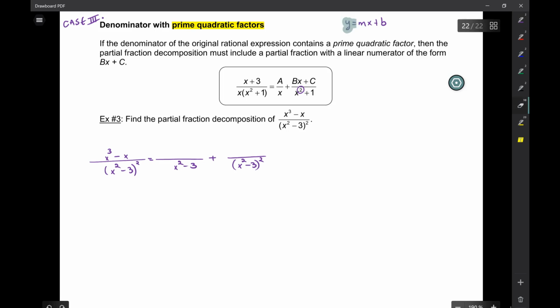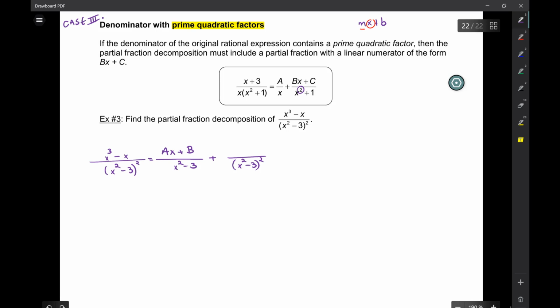It's got a variable x, so it's a constant times x plus a constant. But we're not using m and b, we're using a, b, c, d's here. So we have to have a constant times x plus another constant. The next one is another quadratic, so we need another linear.